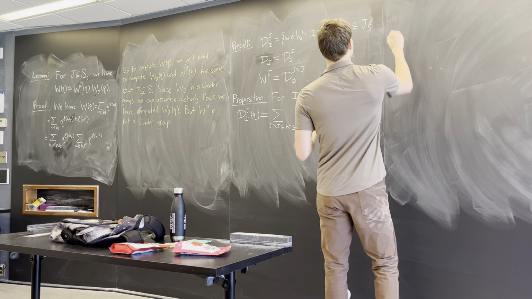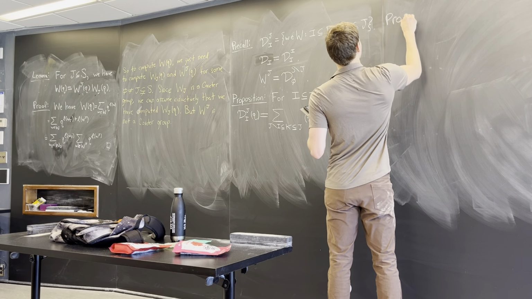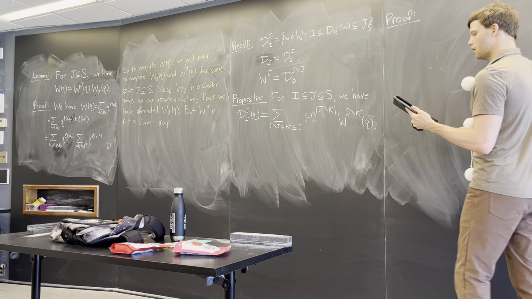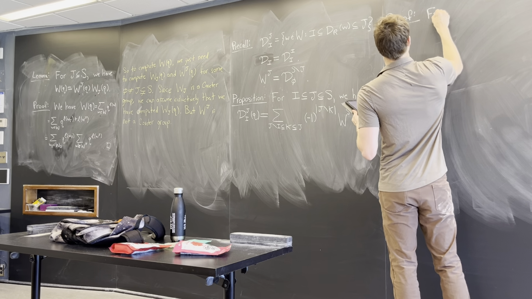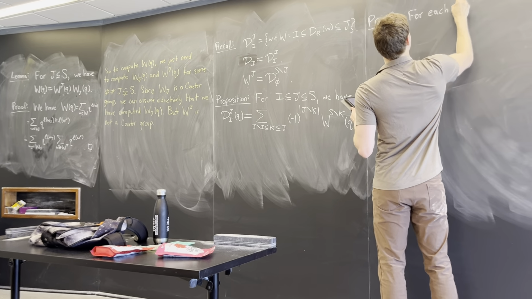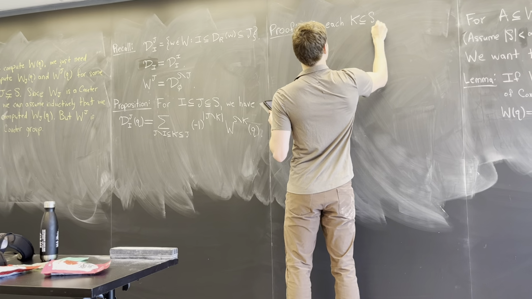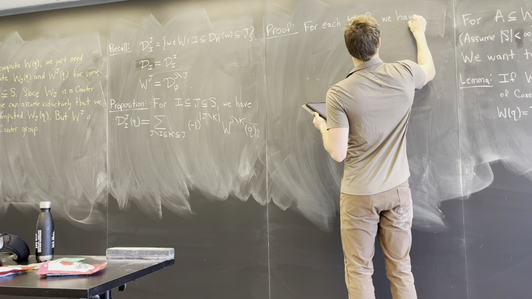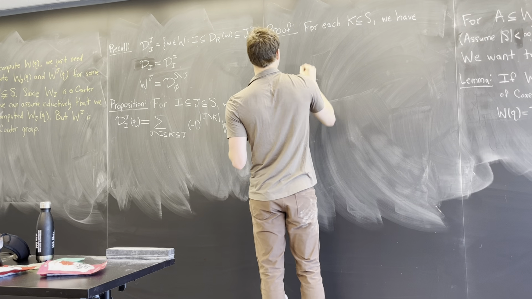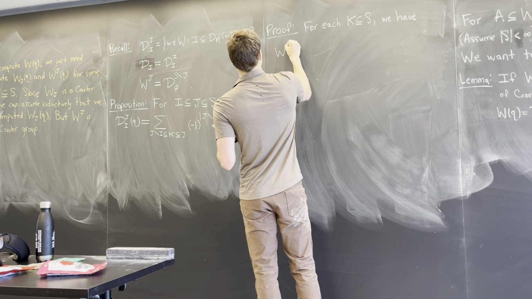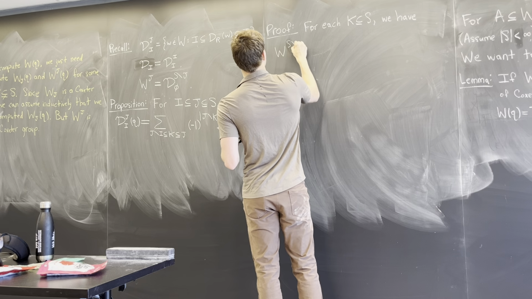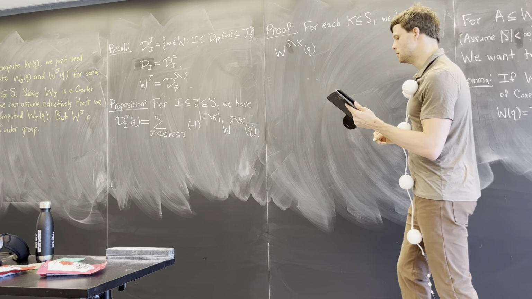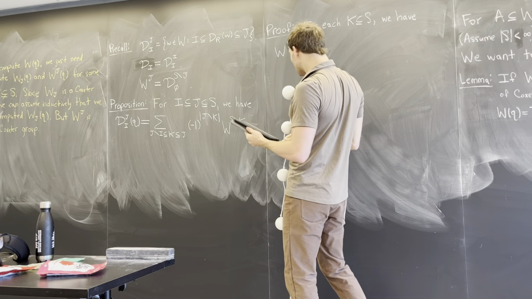So here's a proof. For each set K, if we take this parabolic quotient W^(S minus K) of Q, what is this?